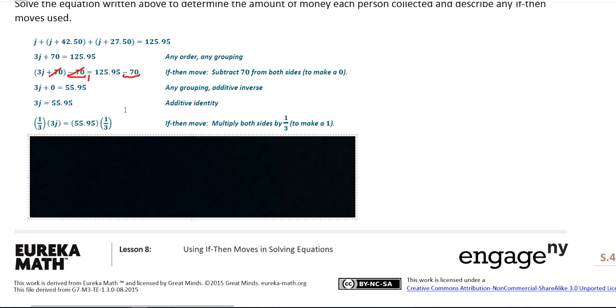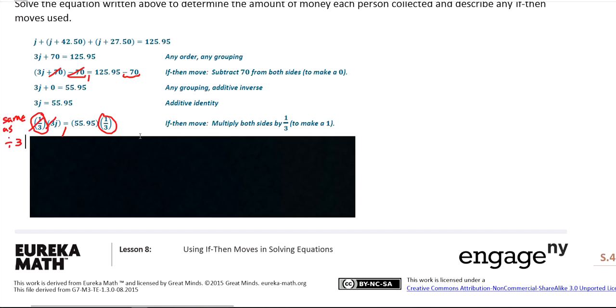From there, we want to move to 3. Now, this is something written a little different. Right here, we're multiplying by 1/3. And since we do it to one side, we do it to the other. Why is that? Because multiplying by 1/3 is the same as dividing by 3. That cancels out the 3 right there.